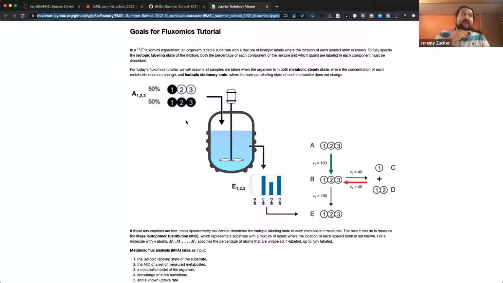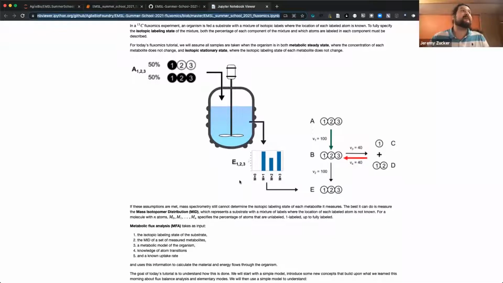For today's FluxOmics tutorial, we're going to assume that all samples are taken when the organism is in both metabolic steady state, where the concentration of each metabolite does not change, and also isotopic stationary state, where the isotopic labeling state of each metabolite does not change.